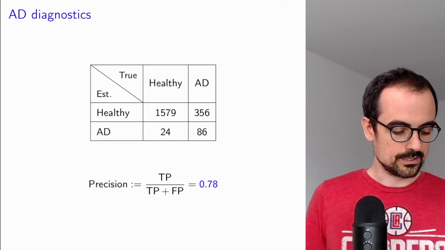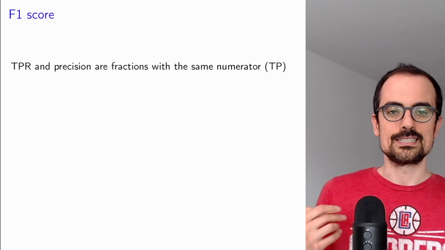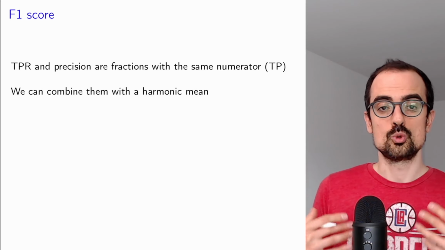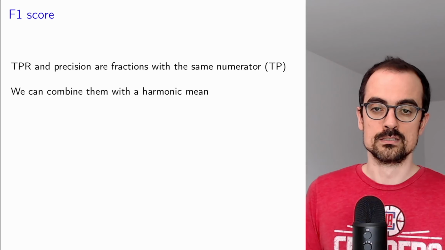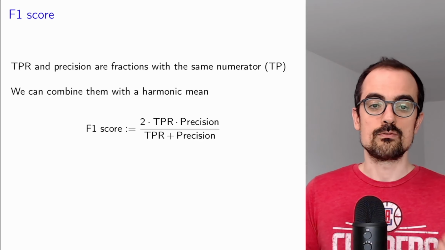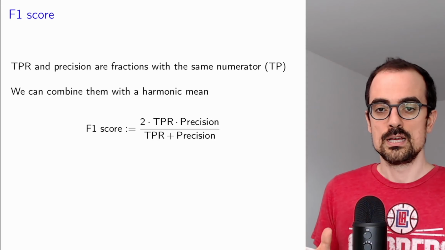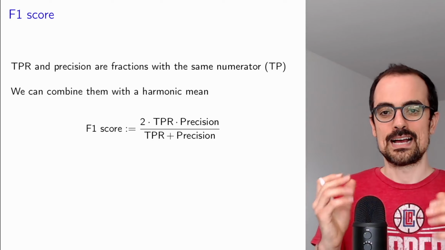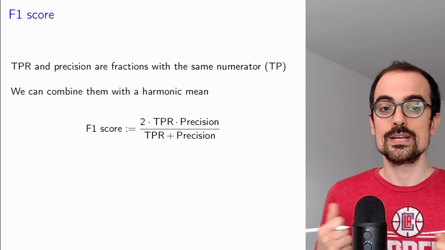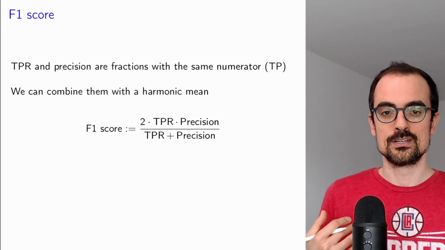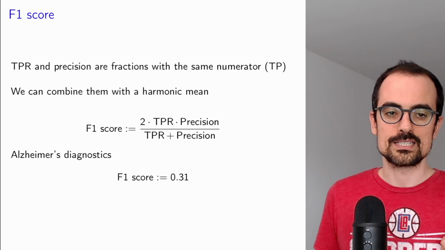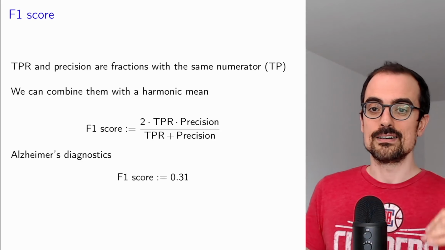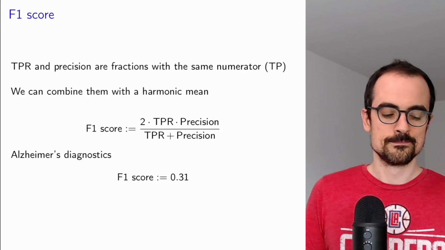When two quantities share the same numerator but different denominators, it is very natural to average them using a harmonic mean. This harmonic mean is the F1 score, which captures how well the classifier is doing in terms of TPR and precision combined. This combined metric for our classifier is 0.31, which is quite low because the TPR is extremely low.